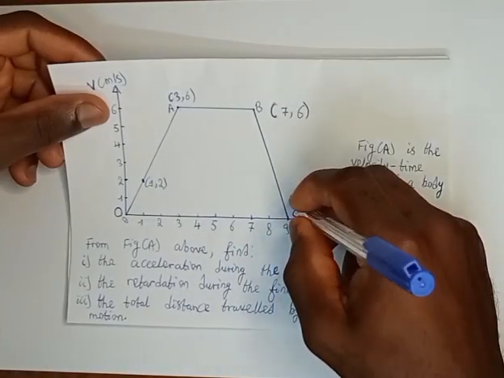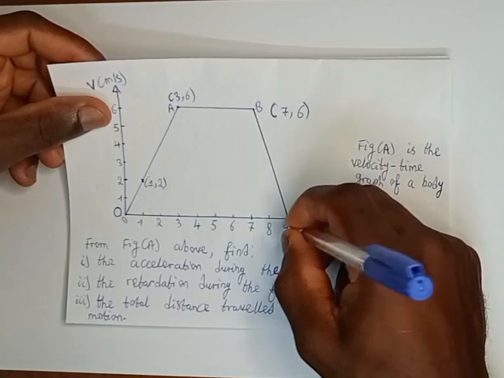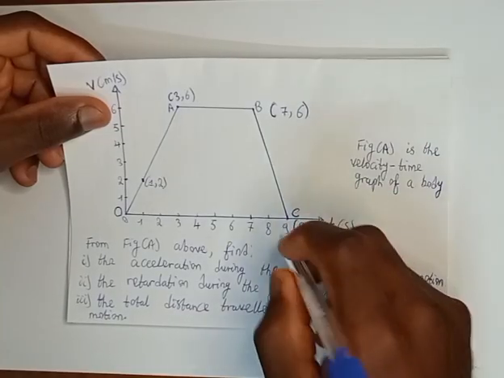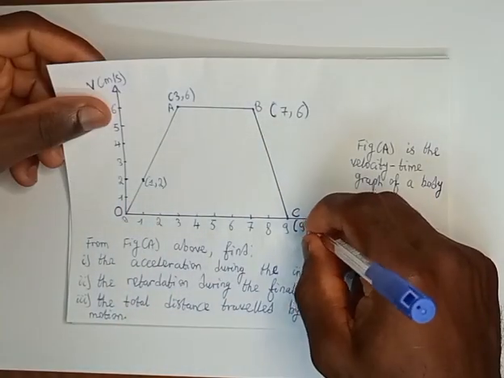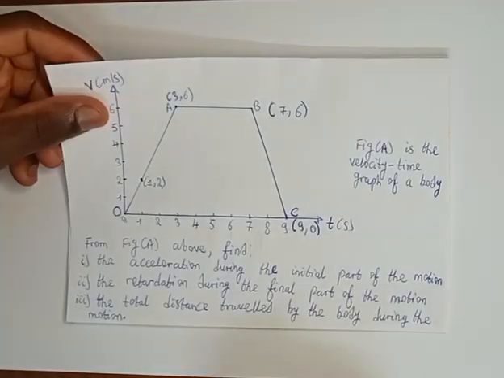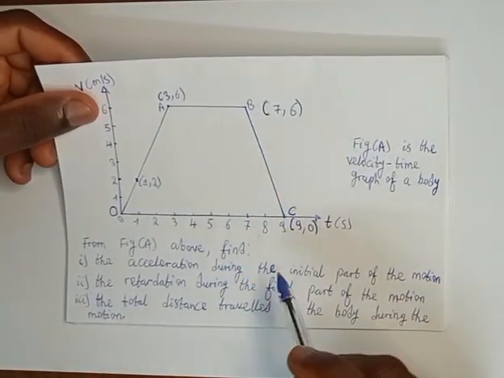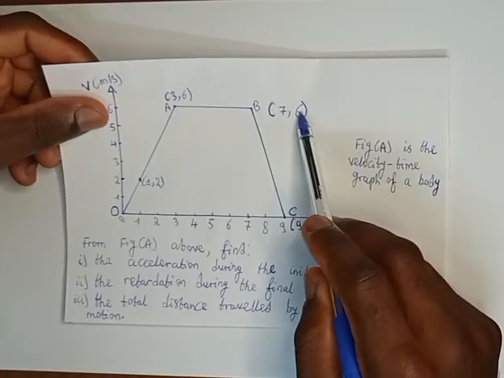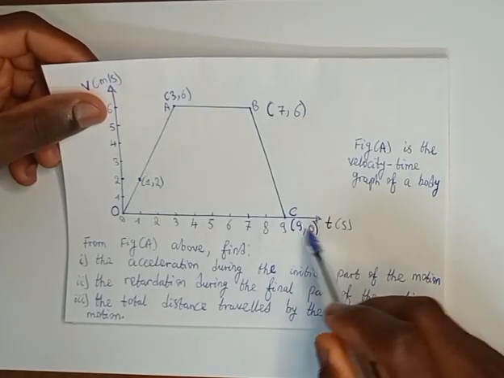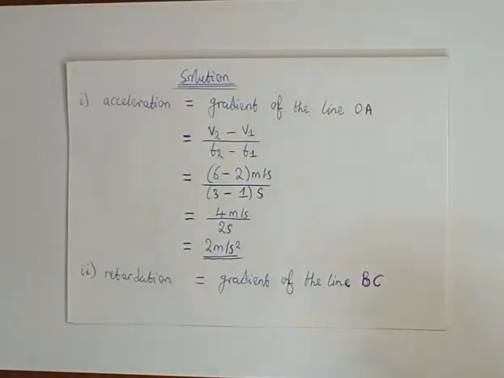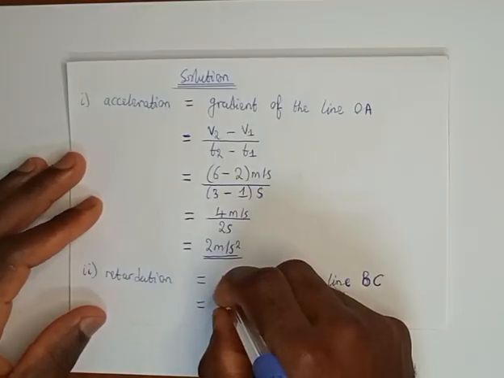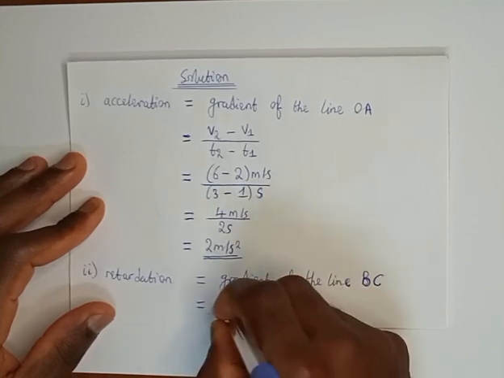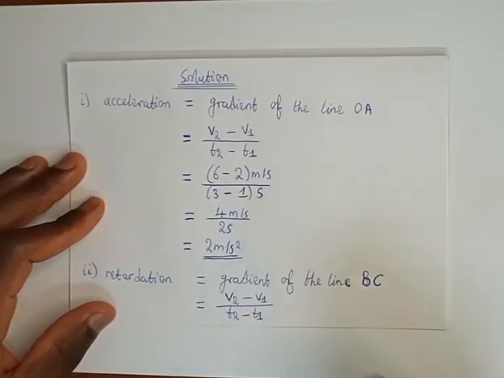Then down here we have this point, T as 9, then we have V as 0. Finding the gradient of the line BC, this is our T1, V1, T2, V2. So this will be equal to V2 minus V1, then we divide by T2 minus T1.